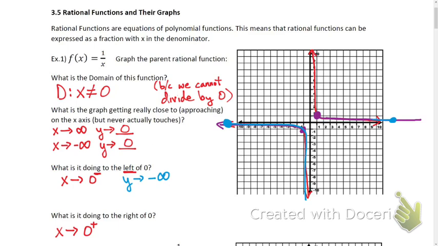So I'm approaching 0, approaching 0, approaching 0, and all of a sudden it shoots up. It's going to go to infinity. So two different behaviors right there on either side of 0. The graph is either going down on the left or it's going up.